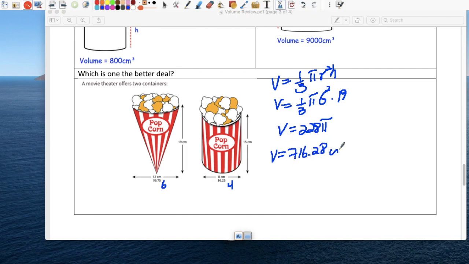Centimeters cubed. The volume of the second one, which is a cylinder, the radius is 4, so 4 squared times the height, which is 15.